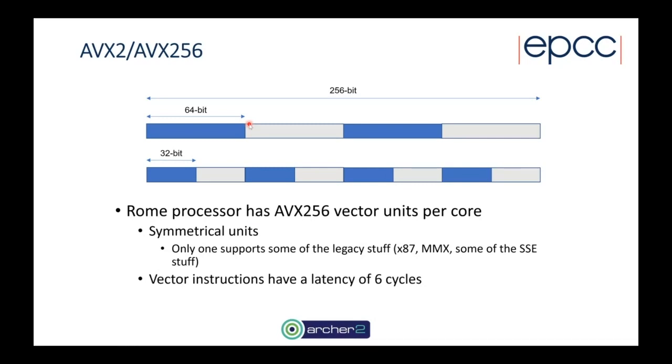And once the pipeline's full, if it stays full, you should get a vector result every clock cycle. So if you're vectorizing well and you've got lots of vector instructions, once you've filled up your vector pipeline, you don't really have any additional overhead for this latency of 6 cycles. You just get your results out, you vectorize, you get good performance.